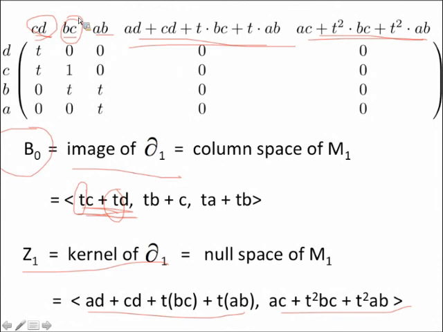The image of our BC is C plus TB, so we've got TB plus C. The image of AB is TA plus TB, and so we've got TA plus TB. And so that's the image of our boundary 1 that we can read off nicely from this map here.